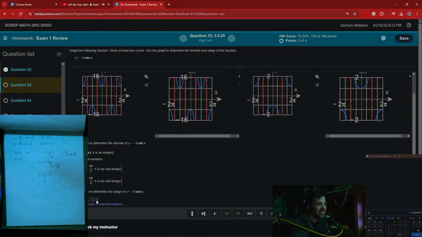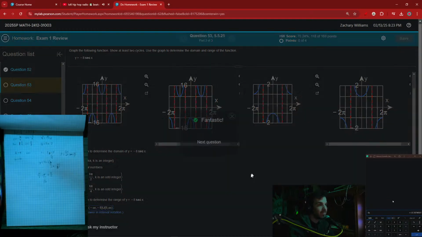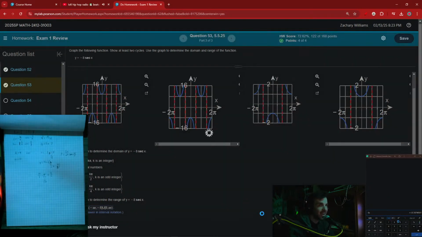Can it just give me 2 sets in a row instead of a set inside of a set? I don't know what that is. Negative 2, -8 bracket, the weird looking union bracket, 8. Fantastic. I got it.